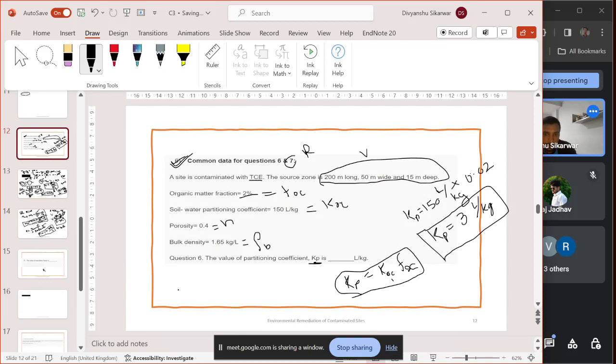Let me write it here. We have to calculate R. So R will be 1 plus Kp rho b divided by porosity. Calculate R value.